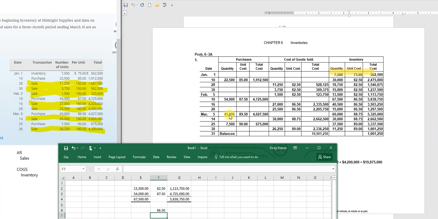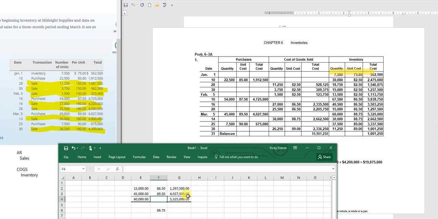Next time I purchase 45,000. So again, every time I have a purchase, I have to figure out a new average price. So I had 15,000 left at the 86.50. I type in the right number. So I have the 1,297,500. Then I purchased another 45,000 at 89.50.